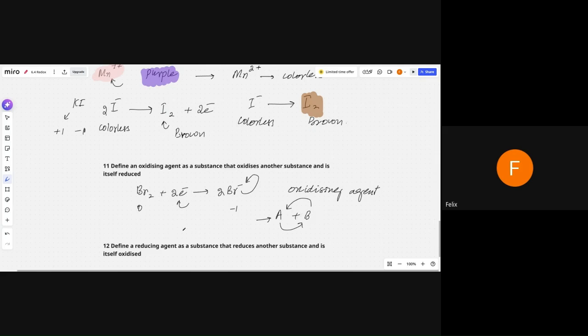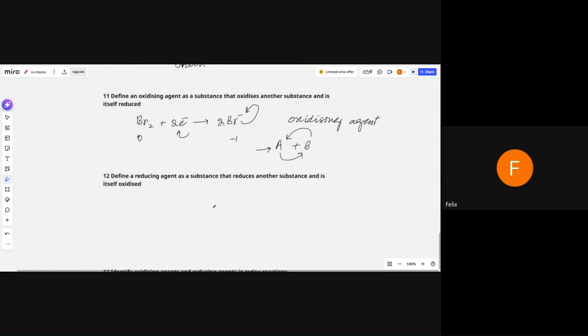Now the same thing: define a reducing agent as a substance that reduces another substance and is itself oxidized. For example, potassium. Potassium has lost an electron, so this electron must be gained by the other species. So potassium, in other words, is helping that other substance to be reduced.